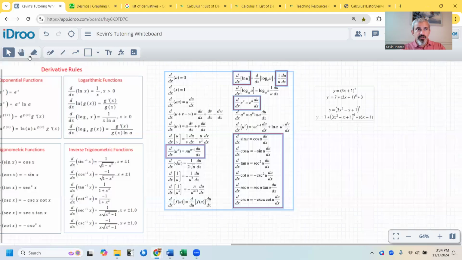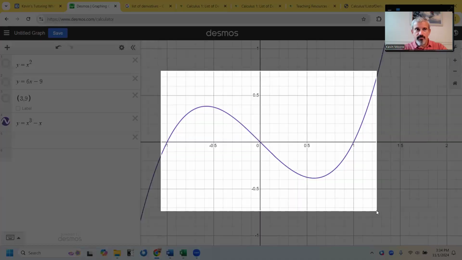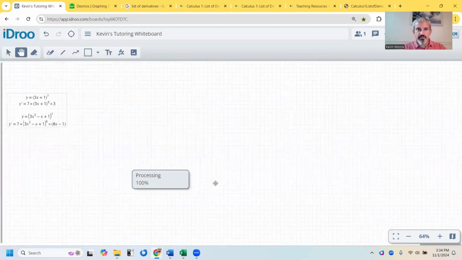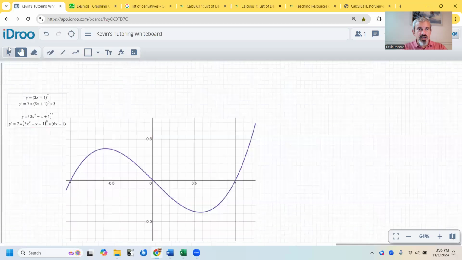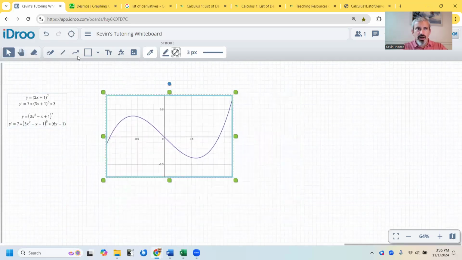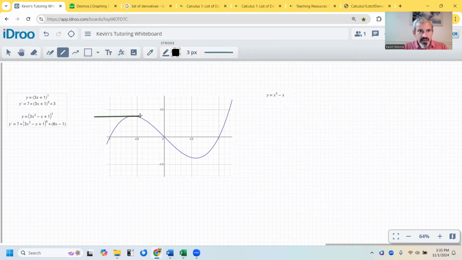Well, I'm going to copy this image over to the whiteboard. Here's our curve. We know the function is y equals x cubed minus x, and we're trying to find out where this max and min value is. Well, what we're looking for is the place where the tangent line is horizontal.